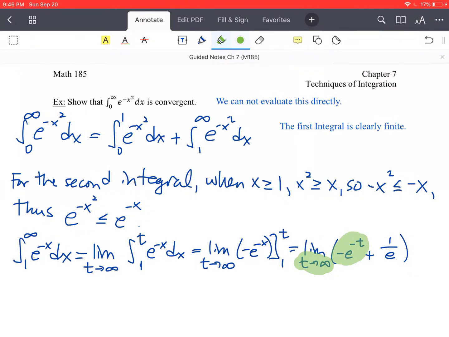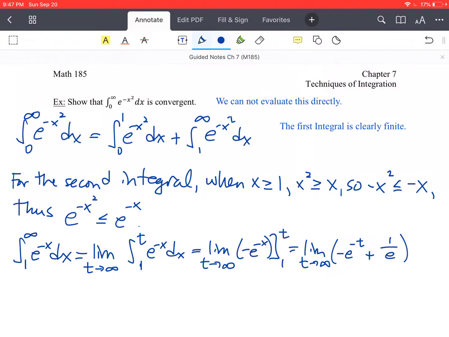Does everybody see why that is? Because this is going to be getting more and more negative. So it'll be e to the negative 100, e to the negative 1,000, e to the negative 1,000,000. So that's going to become 1 over e to the t. And as t gets bigger and bigger, the denominator is going to get larger, so the whole thing is going to get smaller.